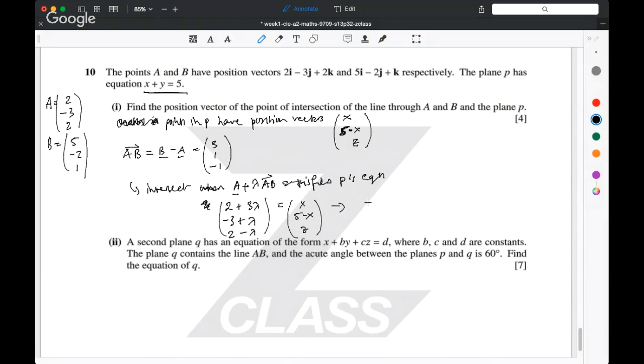And this immediately tells me that lambda is equal to 3 over 2. And then I can just plug that in. In fact, I only needed to do it for one of the coordinates because I'm already sorted. So this is that point, right? So I plug that in, and I get that the point is (13 on 2, minus 3 on 2, 1 on 2).